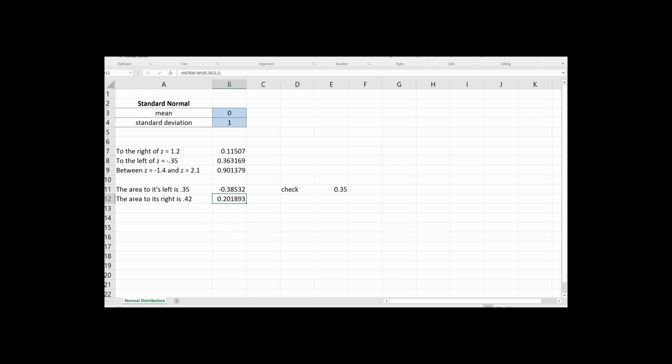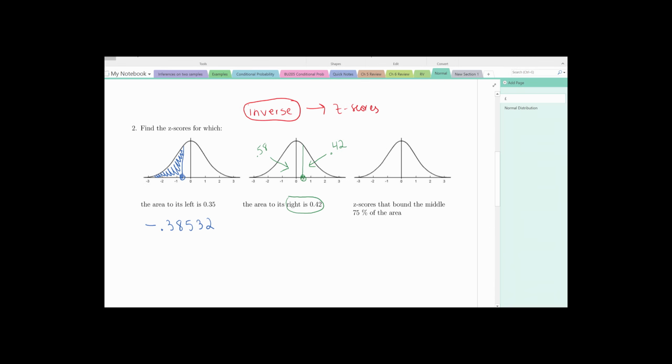0.2019. Okay, so that is my answer here, 0.2019. That makes sense because it's to the right of 0. It's positive, so I'm happy.